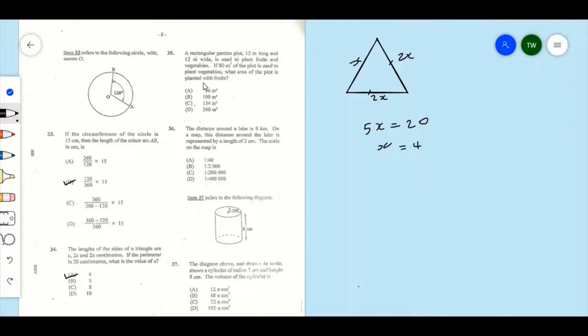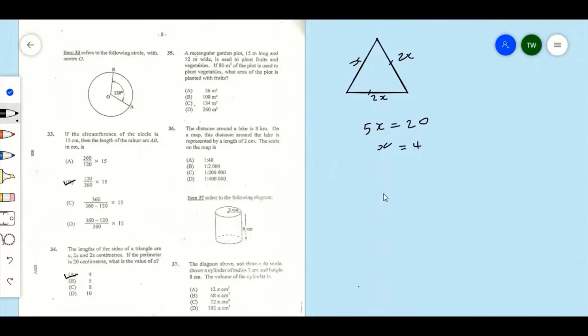Now for 35. A rectangular garden plot 15 meters long and 12 meters wide is used to plant fruits and vegetables. If 80 square meters of the plot is used to plant vegetables, what area of the plot is planted with fruits?